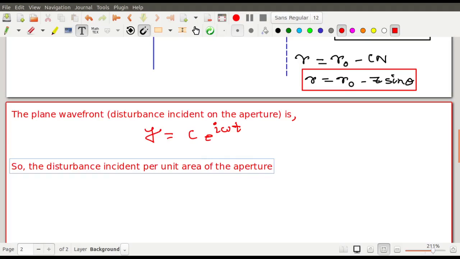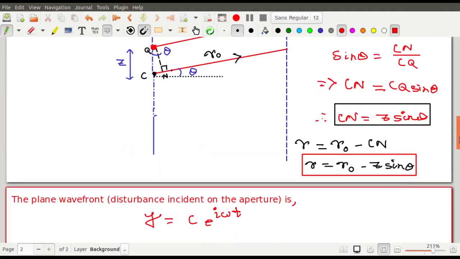The disturbance incident per unit area of the aperture, what will be that? You can safely write it to be c divided by pi a square e to the power i omega t, because that is the per unit area effect. Got the idea? It is completely clear now.